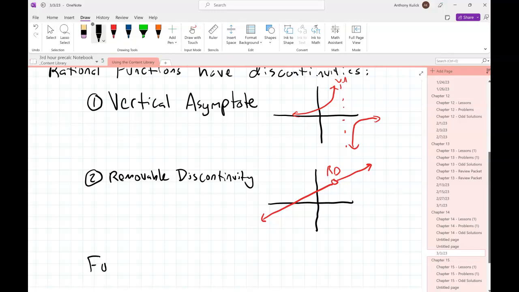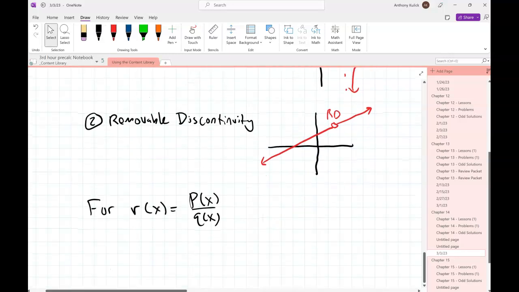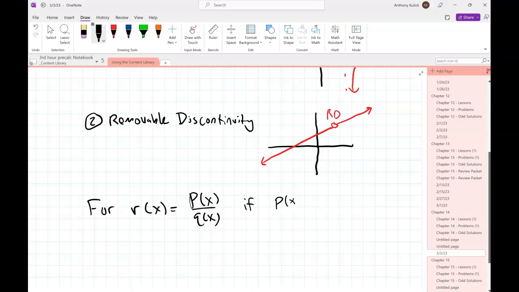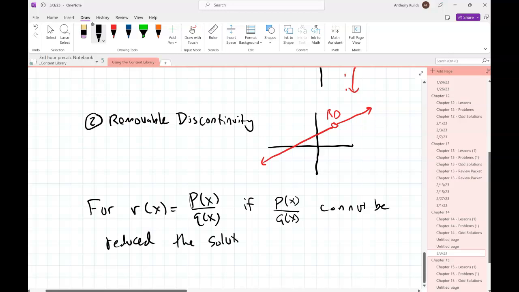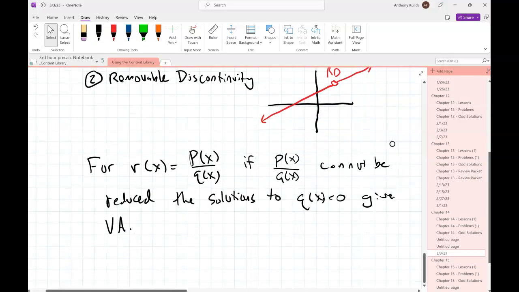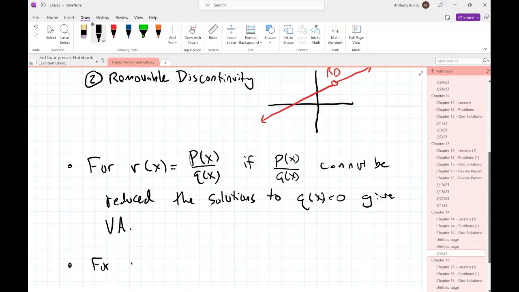So for r of x equals p of x divided by q of x, if p of x over q of x cannot be reduced, the solutions to q of x equal to 0 give us the vertical asymptotes. And we'll do some examples of this in just a second.